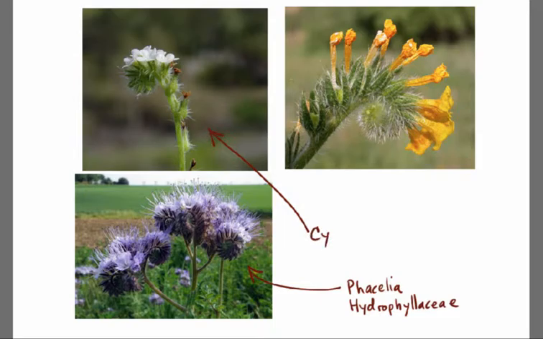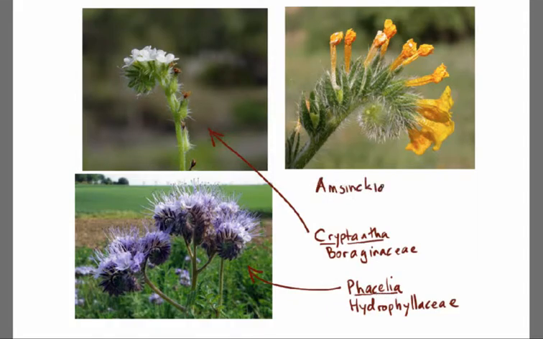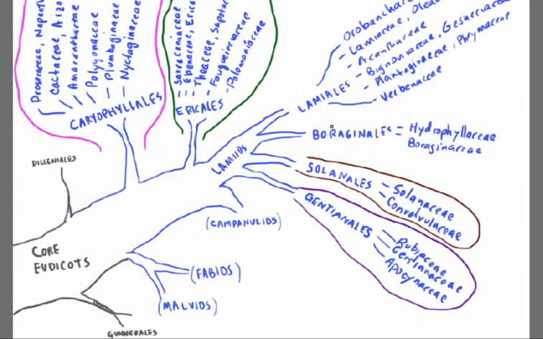If it's white, then it's most likely going to be a Cryptantha in the Boraginaceae. And if the flowers are yellow, then it's going to be Amsinckia, also in the Boraginaceae. Apart from a little aesthetic and native knowledge, there's no other huge significance for this group. So there you have the Boraginales.